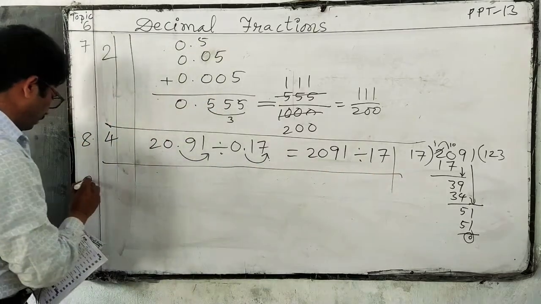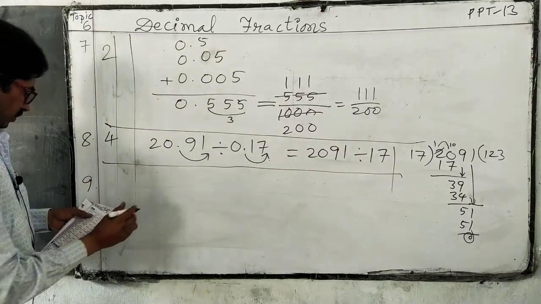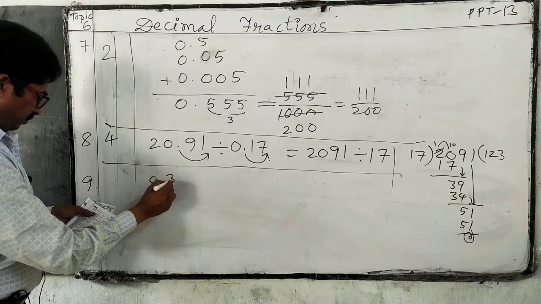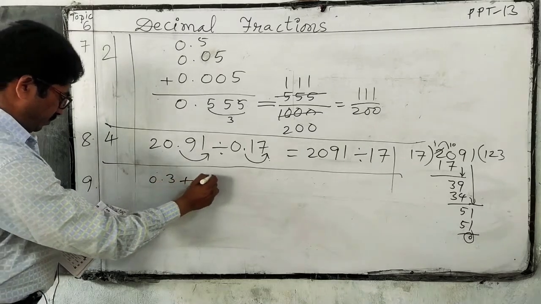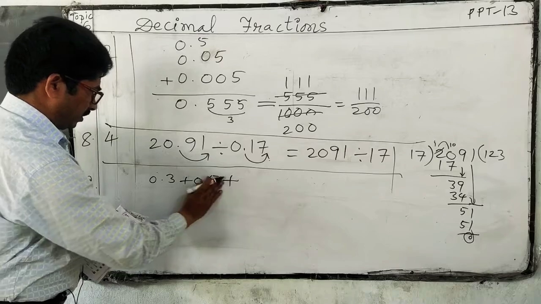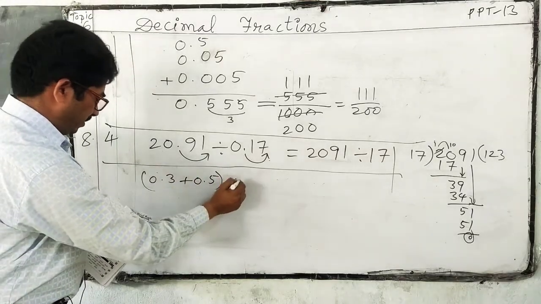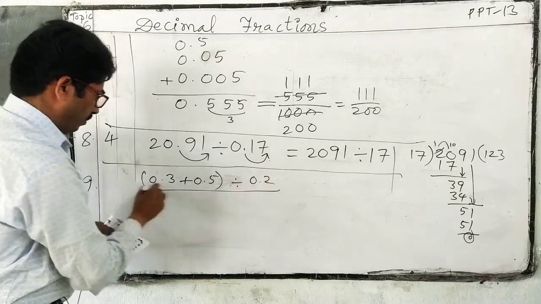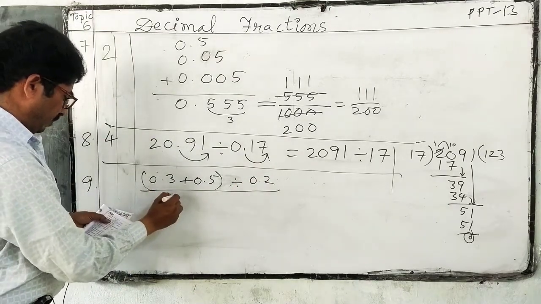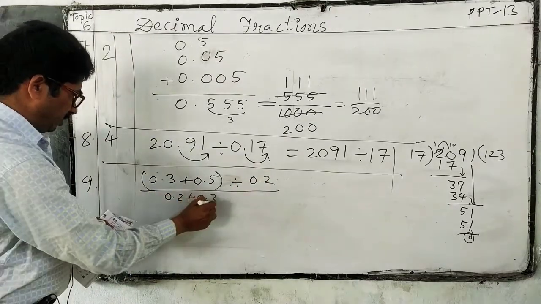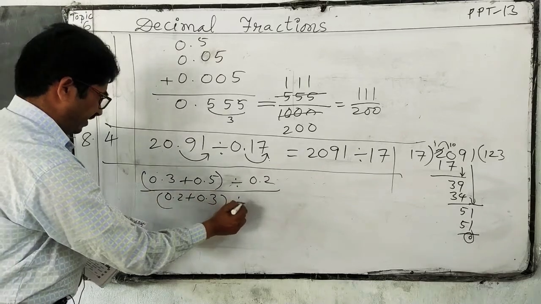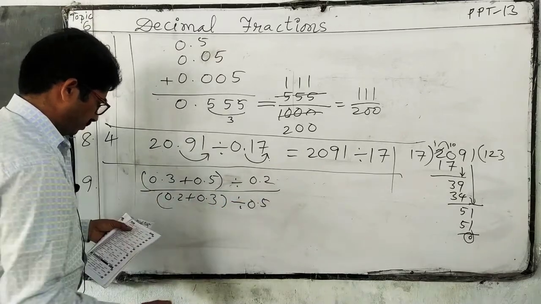Next one, 9th one: (0.3 + 0.5) divided by 0.2, divided by 0.2 plus 0.3 divided by 0.5.